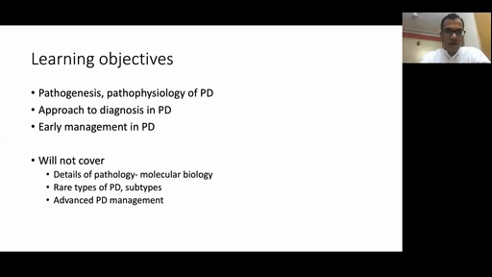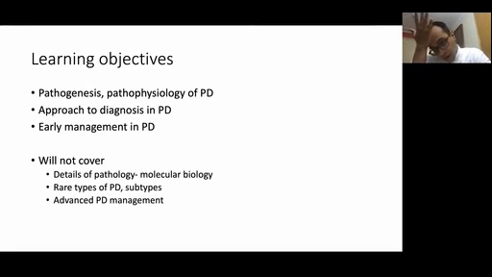We will not delve into great details of Parkinson's disease. A lot of new information has been out in the last 5 years or so. Just enough to help us to an approach to diagnosis in Parkinson's disease, and how to use the criteria, how to use clinical information to come to a diagnosis in Parkinson's disease.